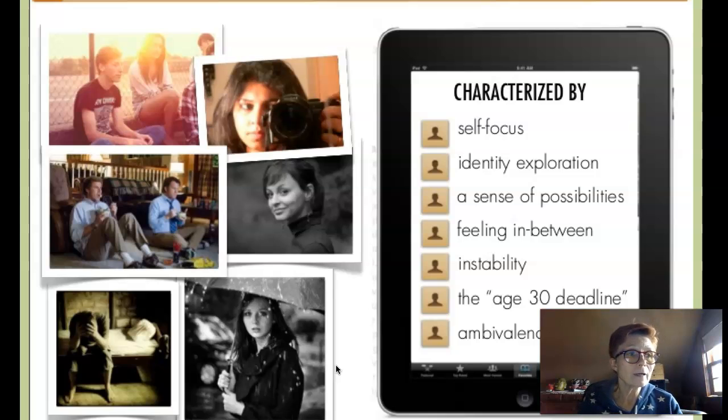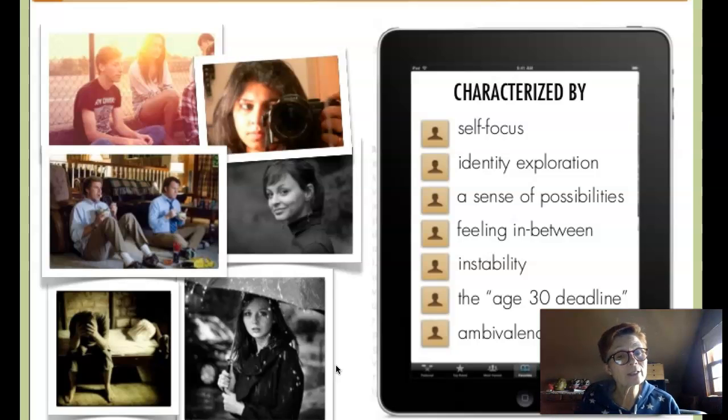Many emerging adults feel in between. Because if you're still in college or you're deciding when you want to get married, when you want to have children, what that first job is, where you want to live, there are some feelings of instability perhaps as you are trying on different jobs, trying on different relationships. The sense of a deadline, perhaps, of at age 30, I need to be there, I need to be ready.